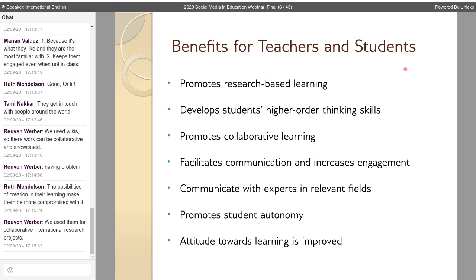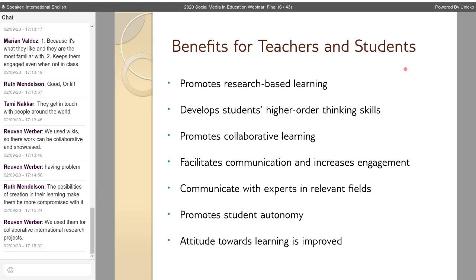It also develops students' higher-order thinking skills, critical thinking, which is an important 21st century skill. It promotes collaborative learning. Students can collaborate with other students using social media. It facilitates communication and increases engagement.